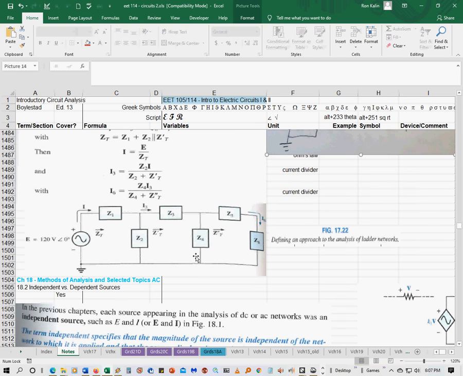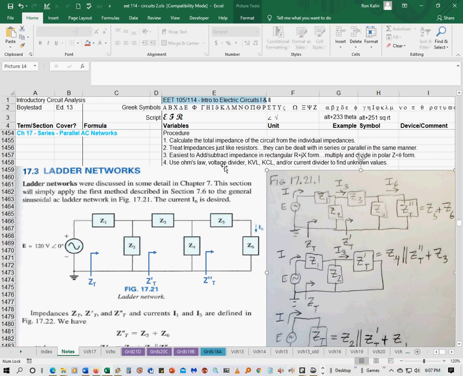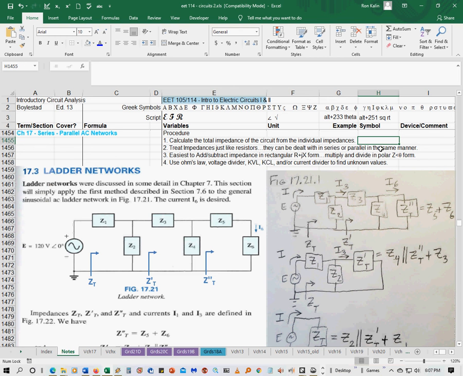Of course, all these impedances are going to be phasors, and again, you follow this instruction here on how to add and subtract. Whenever you add or subtract, you want to do it in rectangular, multiply and divide in polar, and obviously you're going to be using a calculator that can do complex numbers.